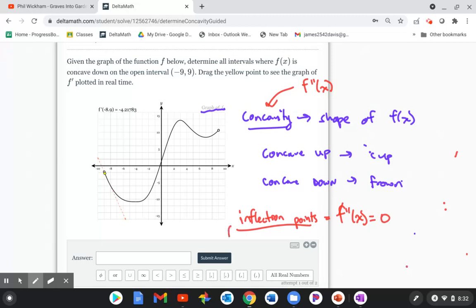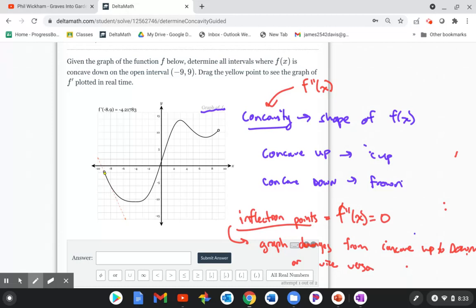And this is where the graph changes from concave up to down or vice versa. So places where the concavity changes are called inflection points. So just like places where a function changes from increasing to decreasing or goes from increasing to 0 to increasing, those were called critical points. Okay, critical points were zeros of the first derivative. Inflection points are zeros of the second derivative.